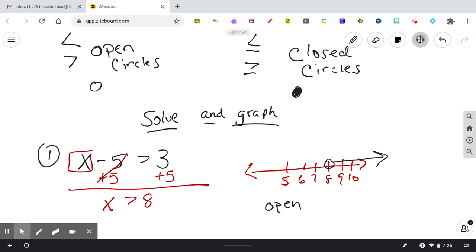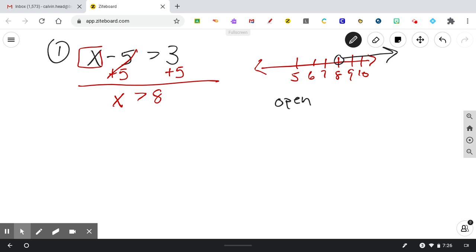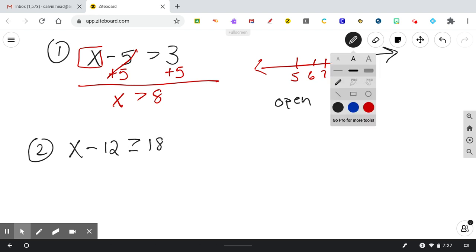All right, let's look at another one. Good, number 2. So I have x minus 12 greater than or equal to 8. Okay. Plus 12.